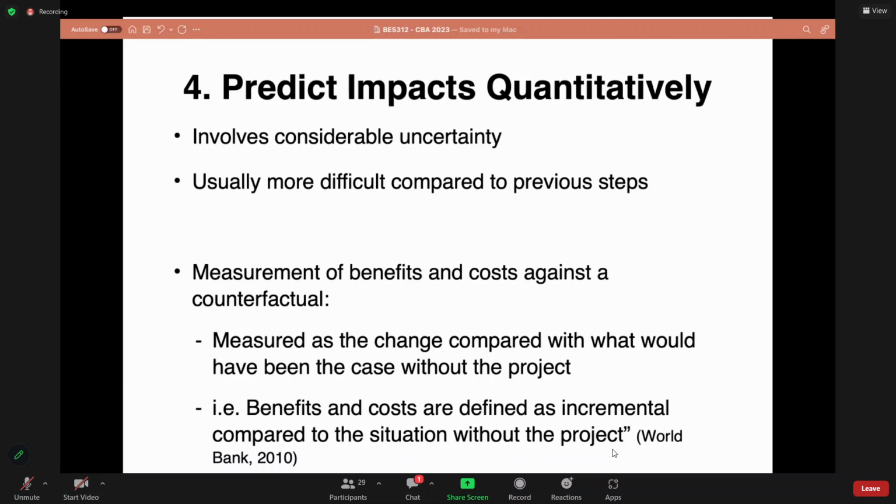We are also doing this forecasting of impacts against the counterfactual, that is the without-the-project scenario. So any change in costs or benefits would be compared to what would have been the case without the project.